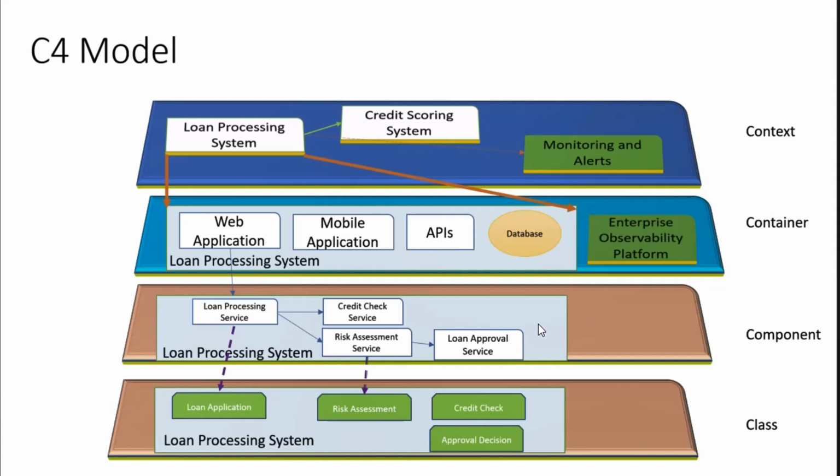Essentially, we are talking about architecture to code. C4 really brings architecture to code traceability, and that's why it is so beautiful. That's the reason a lot of companies have begun to use the C4 model, because it really pushes the bar from a traceability standpoint.